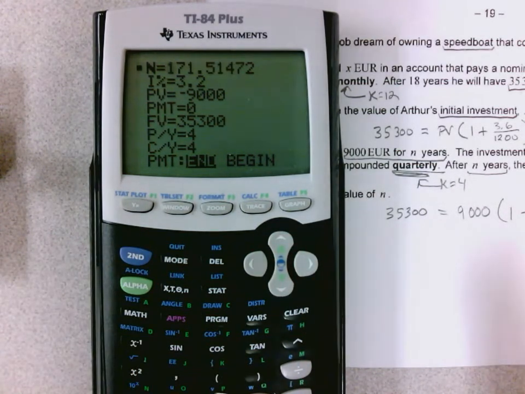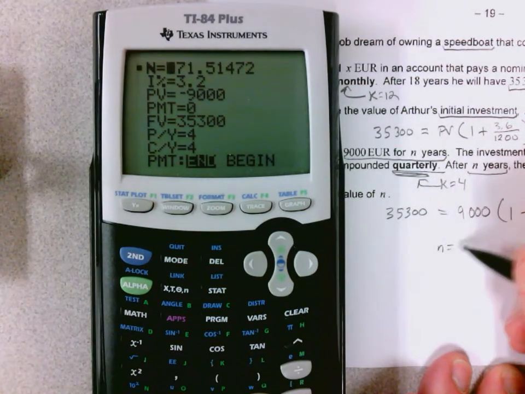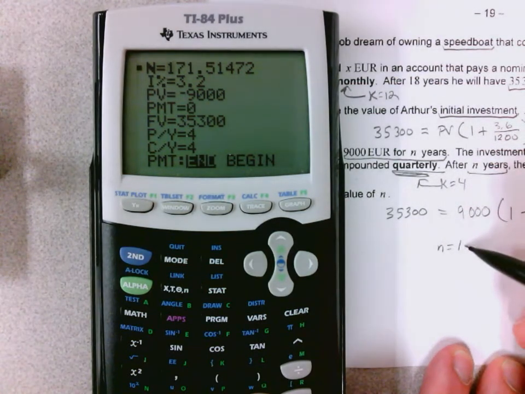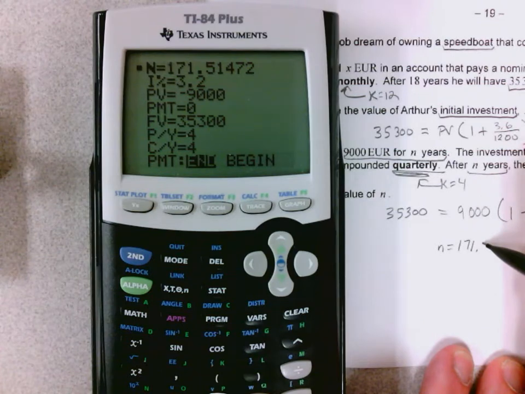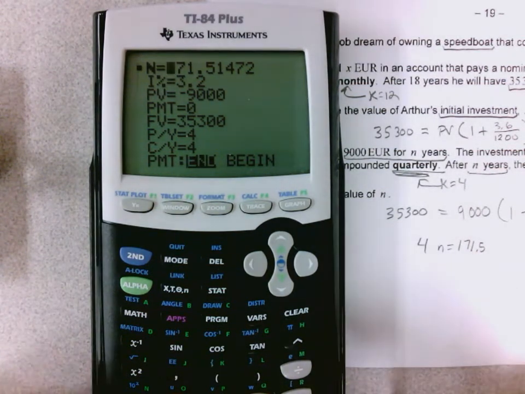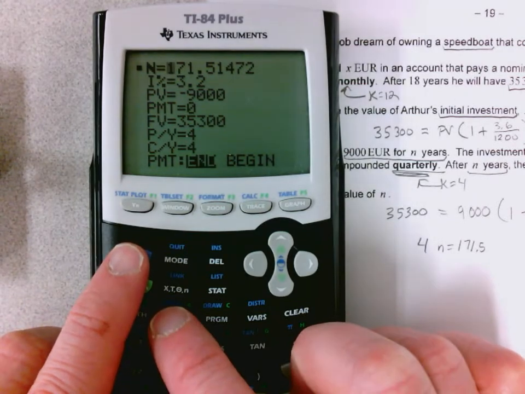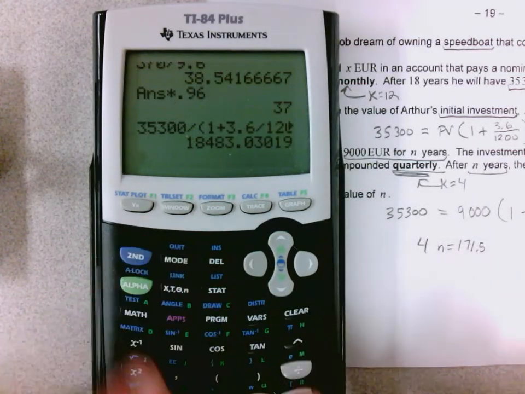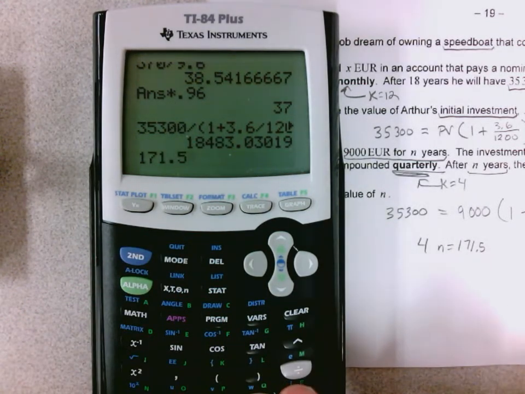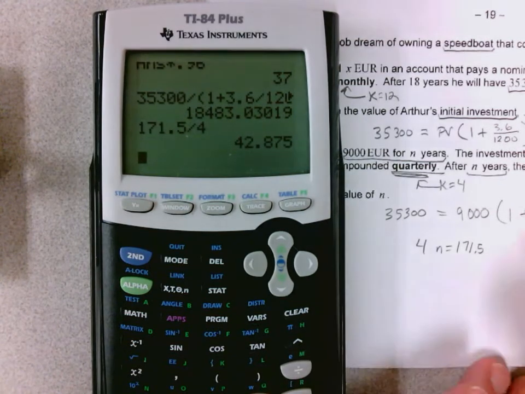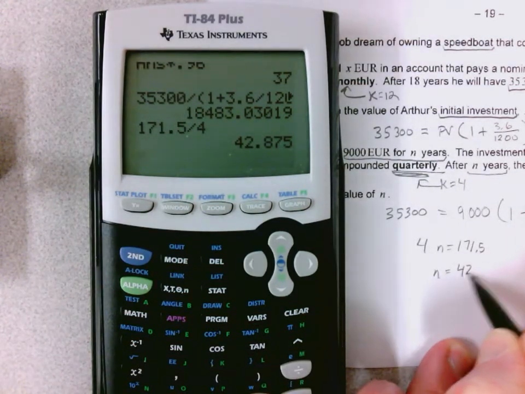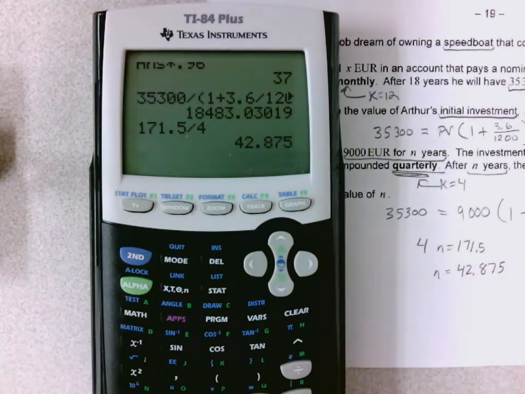I get 171.5 on my calculator. But that's really 4N. So I need to make sure I divide that by 4, and that equals 42.875. And N was years.